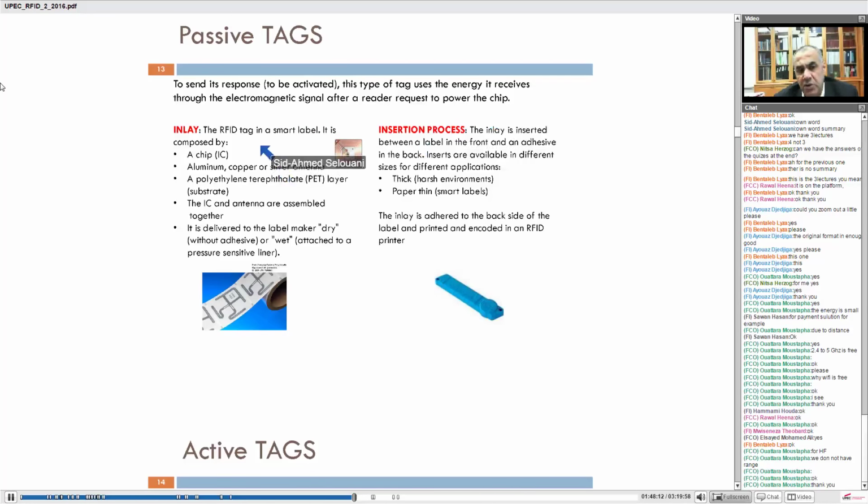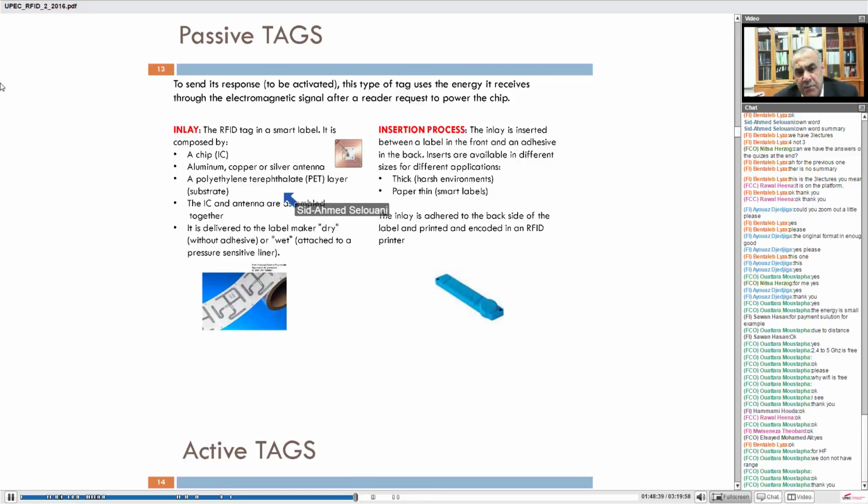Okay, the passive tags, just to remember, to send its response, it should be activated by the reader, by the antenna reader. This type of tag uses the energy it receives through the electromagnetic signal after a reader request to power the chip. Okay, there are two components in the passive tags. You have the inlay and the insert.